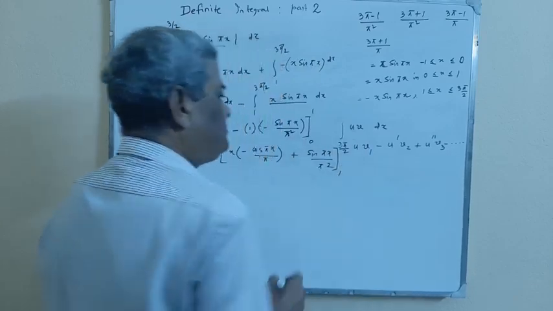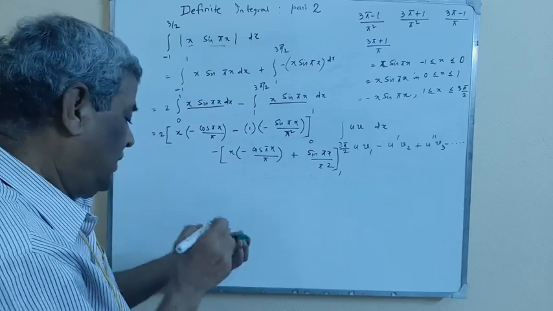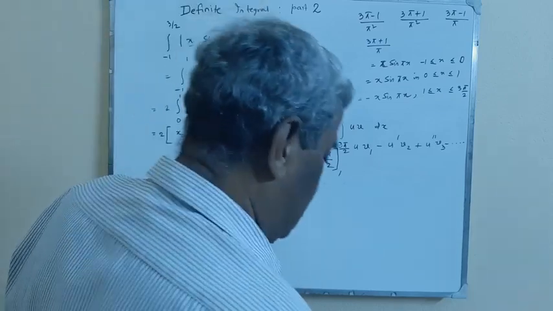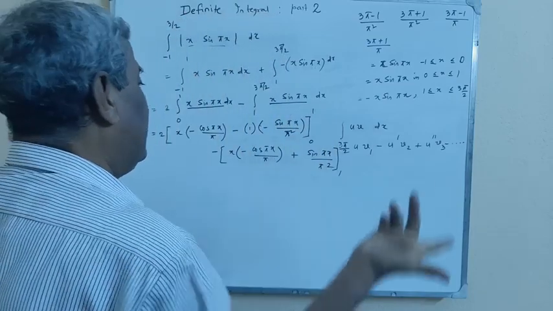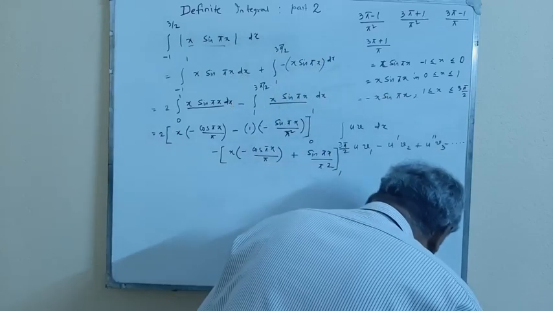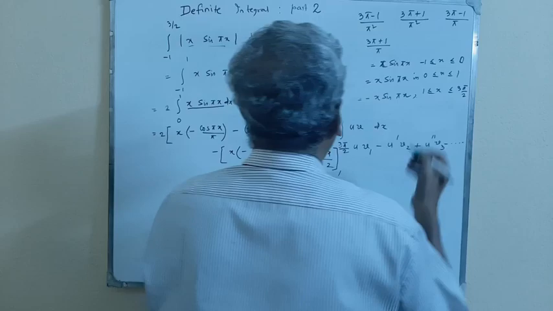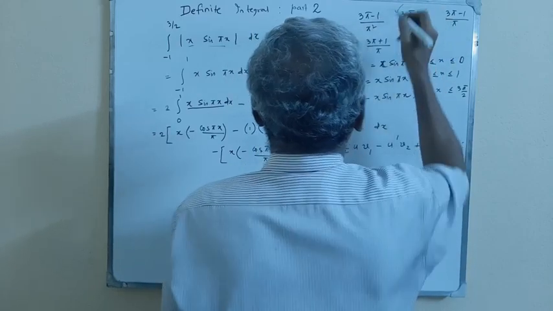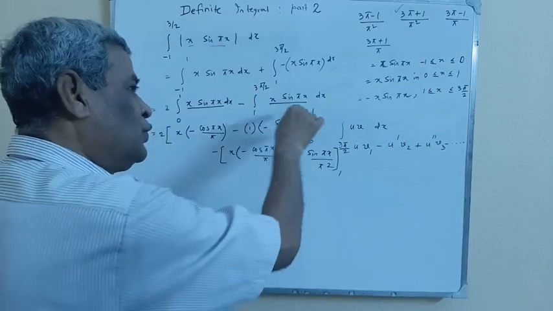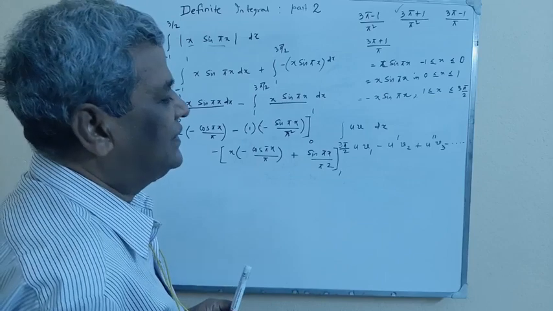Now, you have to put the limits, upper limit and then lower limit, and then simplify and get your result. I think the answer is 3 pi plus 1 by pi square. This is the correct option. So put the upper limit and lower limit and then simplify.